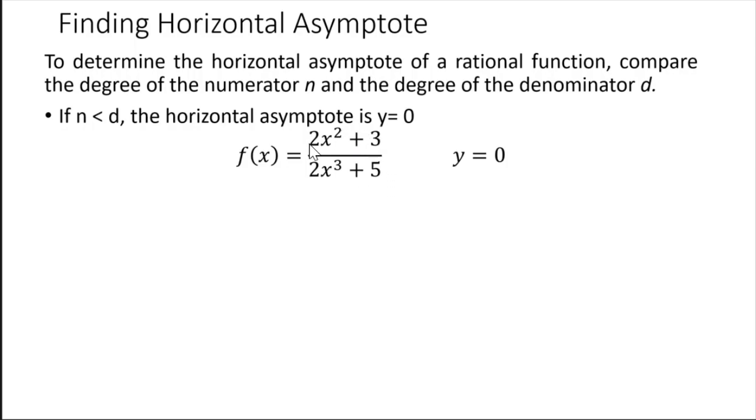The degree of the numerator is 2, and the degree of the denominator is 3. So 2 is less than 3, and the horizontal asymptote is y is equal to 0.